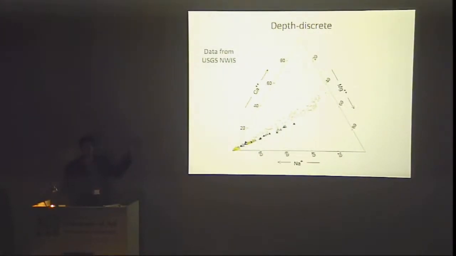Because when we have groundwater data like that, we can see here the gray values are the groundwater samples low in chromium, and the bright colors are high chromium. And look how tight that trend is. That's telling us there are specific interactions with minerals and water controlling this chemistry.